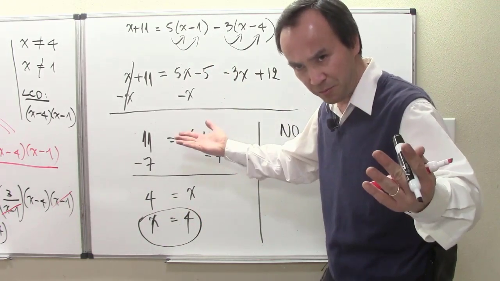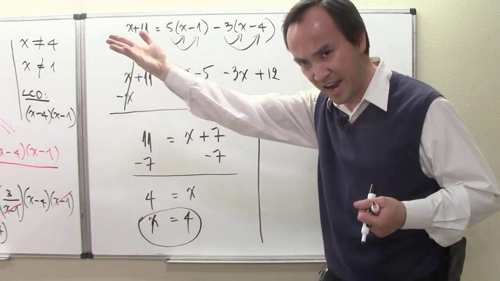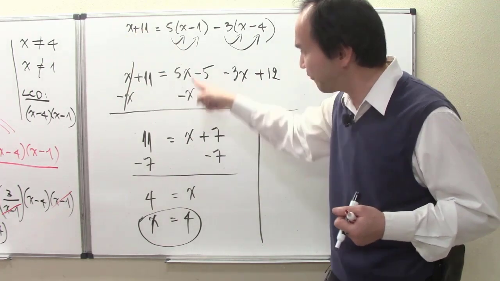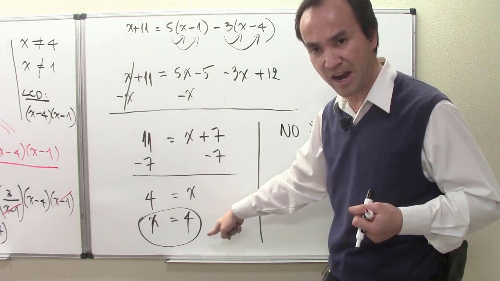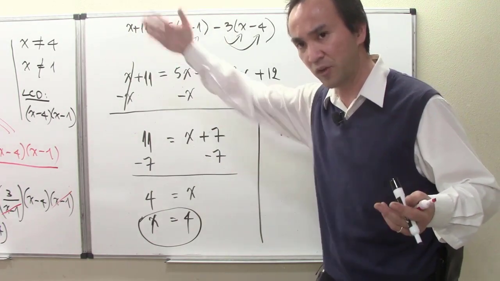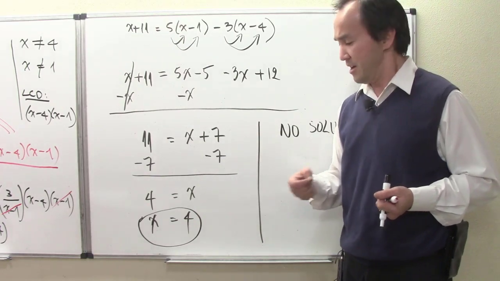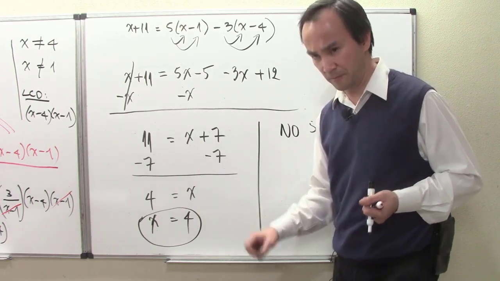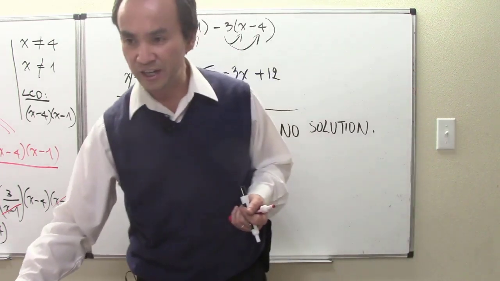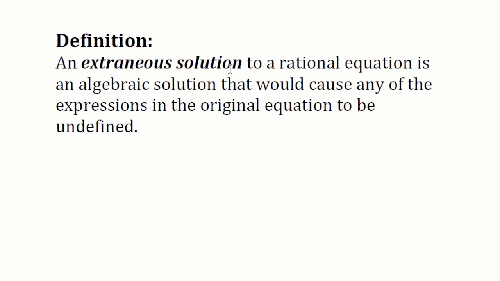So you've seen the process. We spotted that there are a few values that we must exclude, and unfortunately our solving work ended up with a value right among those spotted values that would make some denominator equal 0. So x equals 4 specifically is not our final answer, but it's regarded as an extraneous solution. As a definition, an extraneous solution to a rational equation is an algebraic solution that would cause any of the expressions in the original equation to be undefined.